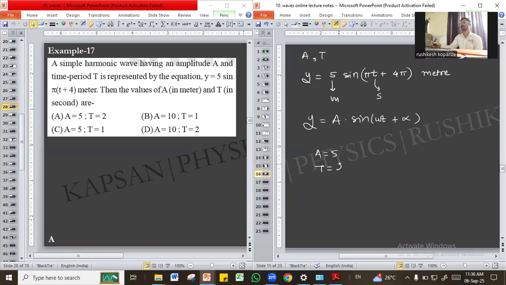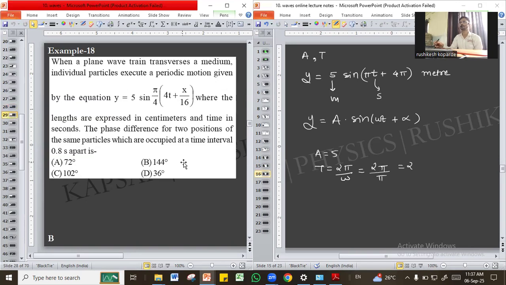To figure out time period you will write 2 pi by omega. What is the value of omega? It is pi. So the answer is 2. Okay, so what do you understand from these questions? Solving questions of waves is more about solving questions of oscillations once again. So there is nothing new in this part. Solve this.